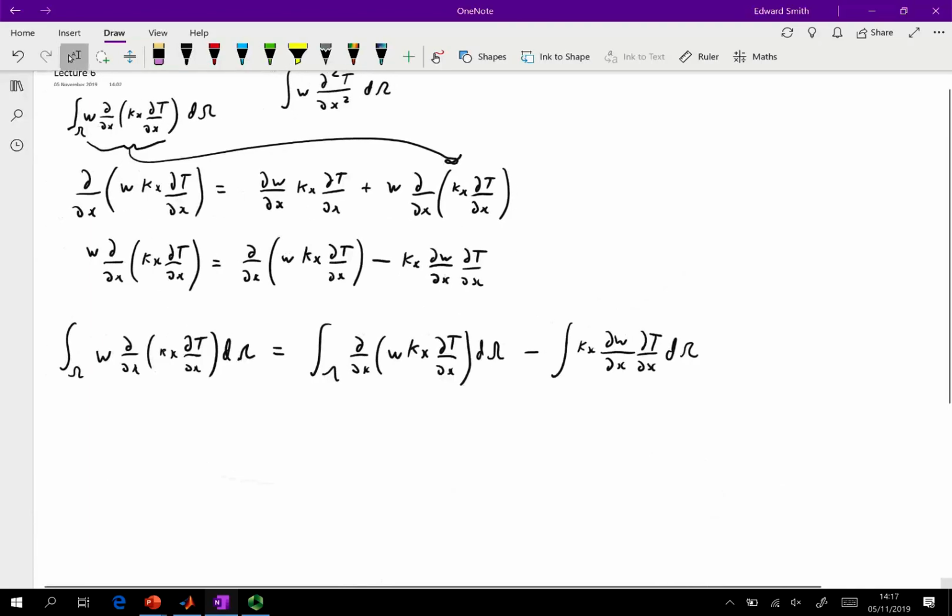Okay, so all we've done is just rearrange that. This term is the usual expression we get when we do this kind of integration by parts, where we've gone from a second derivative down to a product of two first derivatives.